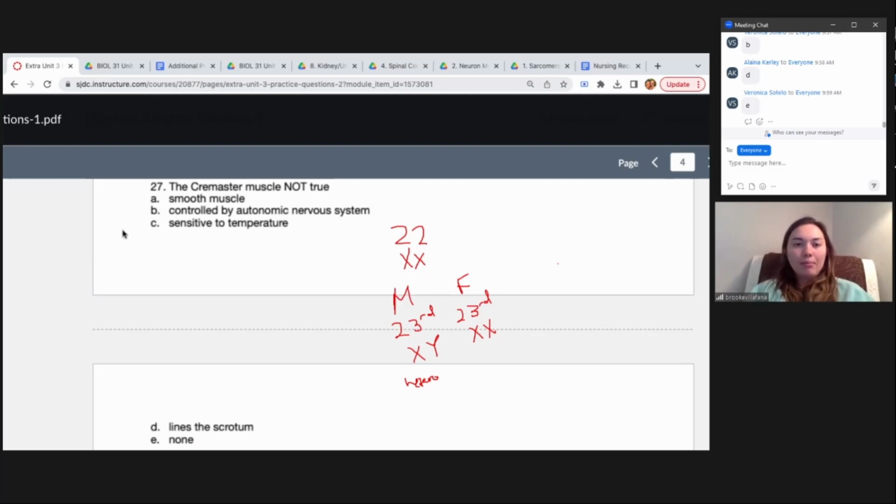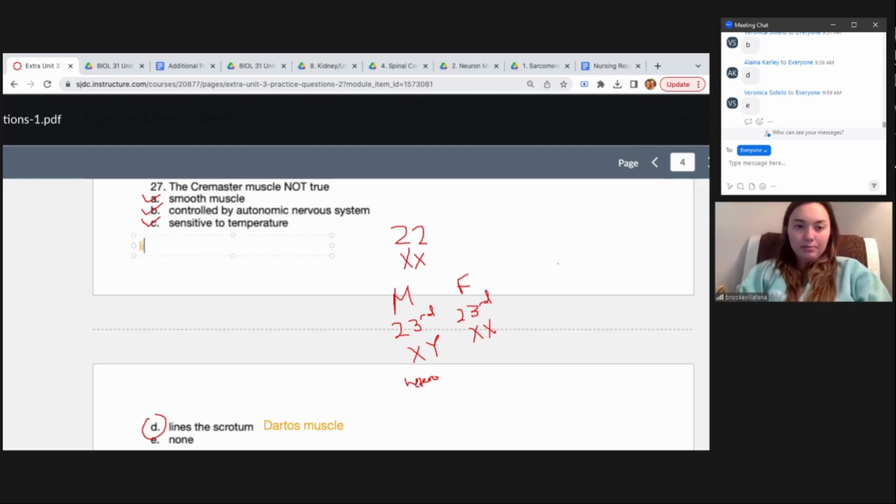So remember that the dartos muscle is the one that lines the scrotum. So the answer to this question would be D, because the cremaster muscle is made of skeletal muscle. It is controlled by the autonomic nervous system, and it is sensitive to temperature. Its function is to basically lift the testes or the scrotum from the floor of the scrotum.